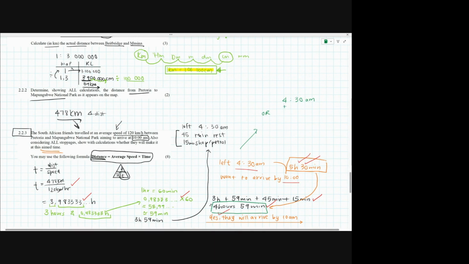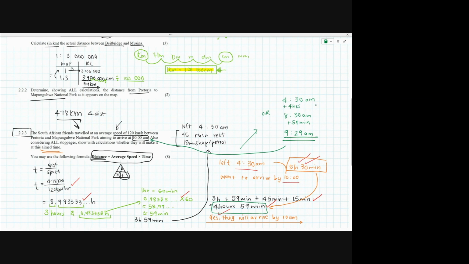If we add first the 4 hours, that takes us to 8:30. And then we add our 59 minutes. That takes us to 9:29. And so we can see that we are getting there before the 10 a.m.